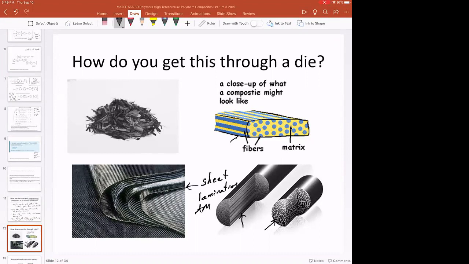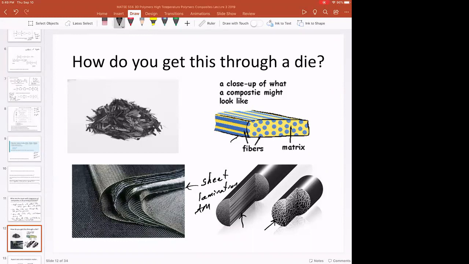So we're not quite done with melt processing yet. We still have to talk a lot about roads and things like that. But we'll come back to melt processing after we talk a little bit about composites. And then we'll move on to SLA and SLS and some other additive processes. But we're still going to be on melt processing for a little while, because melt processing is the dominant technology for shaping polymers right now.